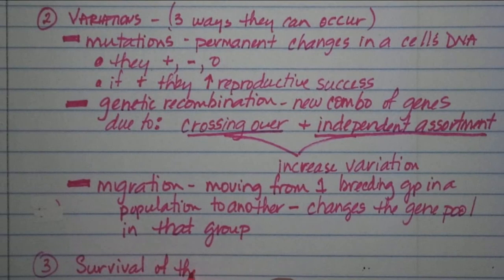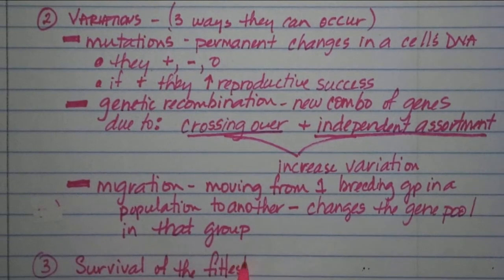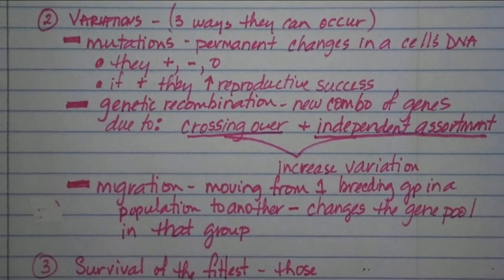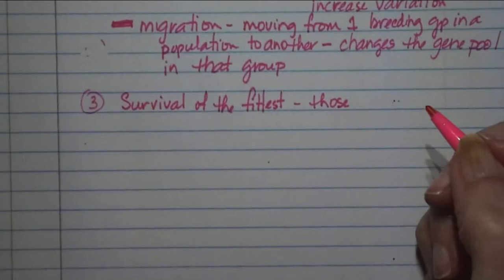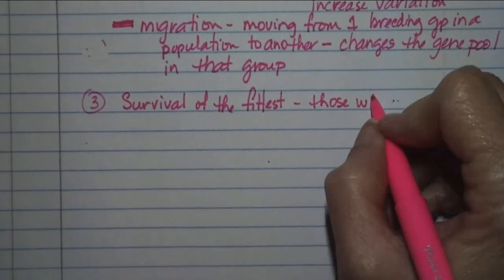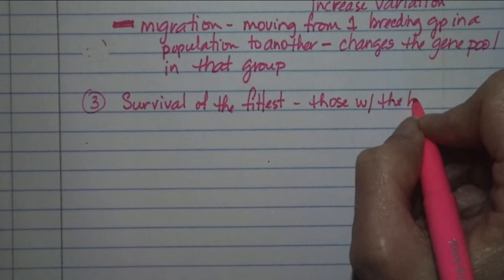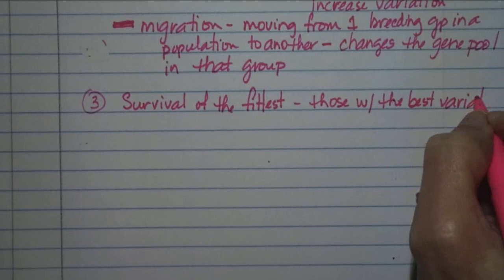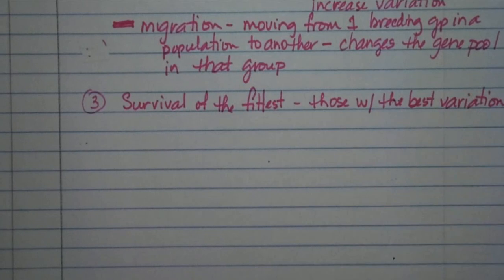Not just survive, but they are going to survive so that they can reproduce. And when I say best variations, we don't necessarily look at it and say, oh yeah, that's better than the others. What it is, whichever one survives to reproduce, those are going to be the best variations. So those with the best variations will survive to reproduce.